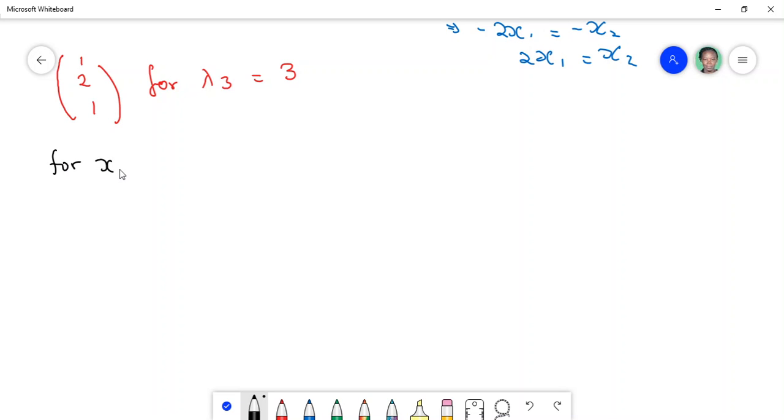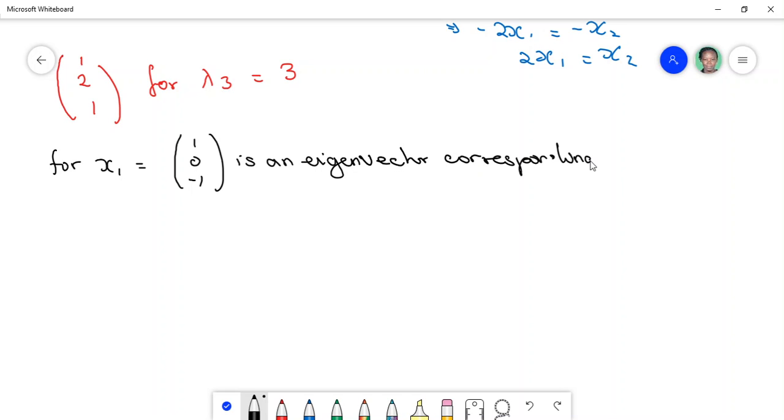For the first eigenvector x1, I have 1, 0, minus 1, which is an eigenvector corresponding to lambda equal to 1.